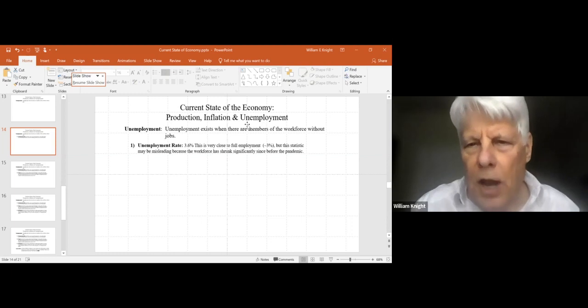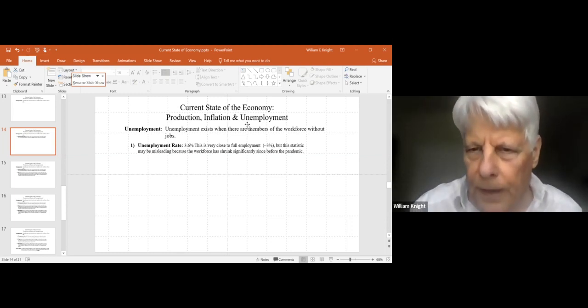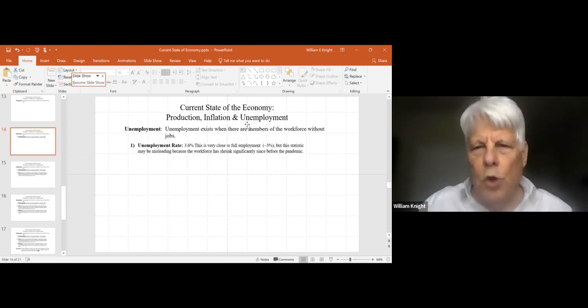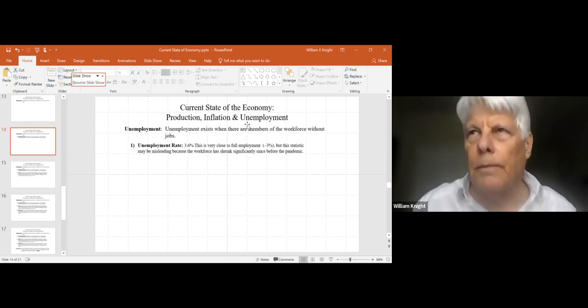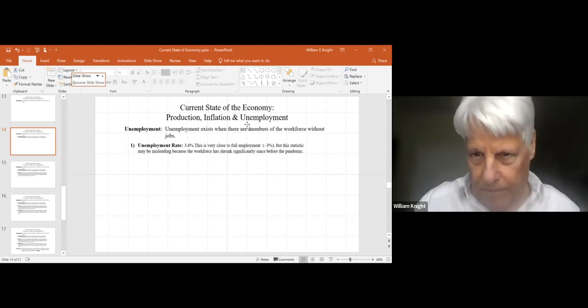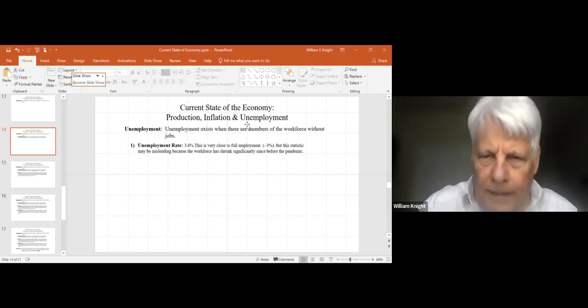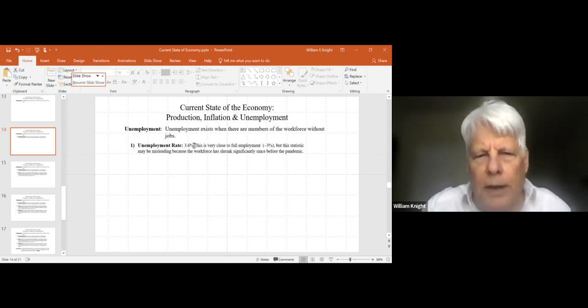You may not have a job, but if you're not a member of the workforce, you're not counted as unemployed. And so those people who have thrown up their hands and given up are no longer looking for work. They are not included in the workforce, and so they're not counted as being unemployed. If they're not counted as being unemployed, this would make the unemployment rate artificially low. But that's still a pretty low unemployment rate.